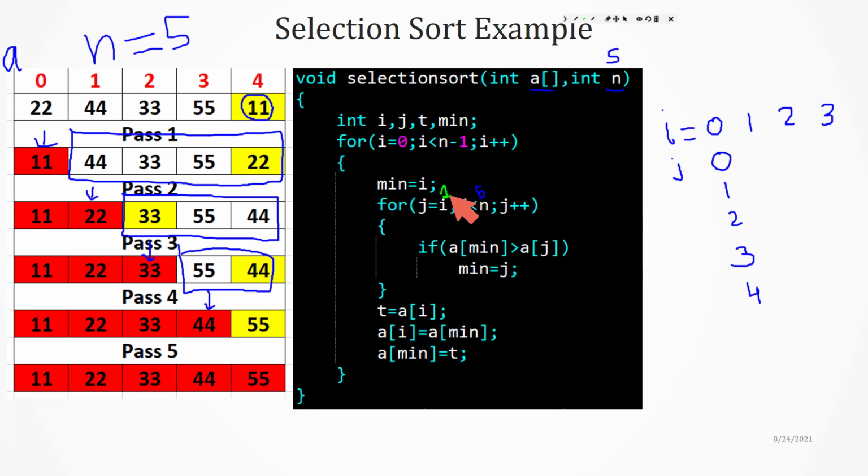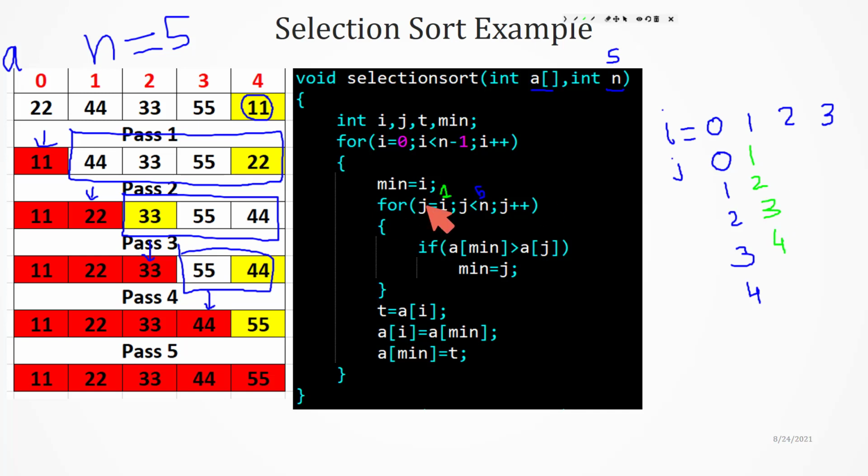Then what are the possible values of j when i equals 1? Here i equals 1, so the initial value of j is 1. j less than 5. So what are the possible values of j? 1, 2, 3, 4, sir. Okay, 1, 2, 3, 4.